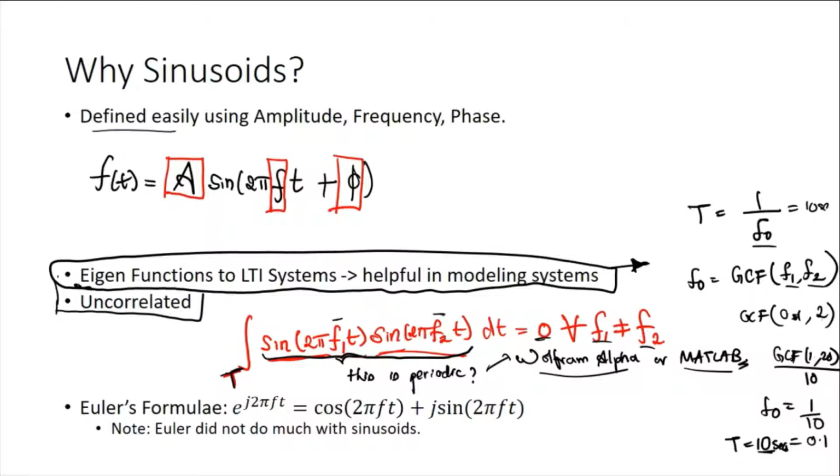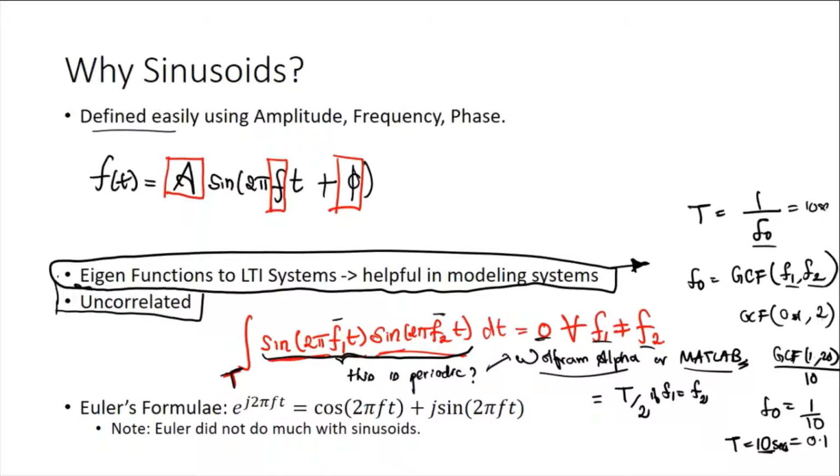But on the other hand, if the two frequencies are the same, you're going to get T by 2 if f1 equals f2. You can go ahead and do it and then come back to this same point in the lecture.